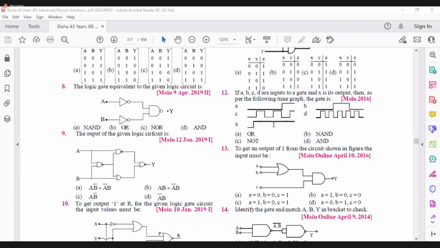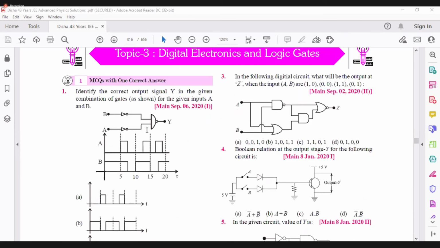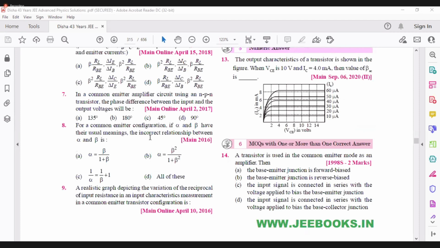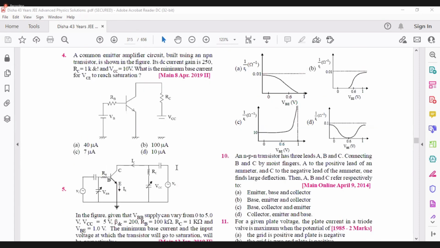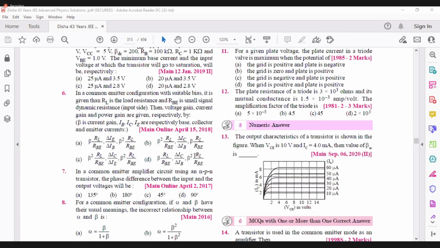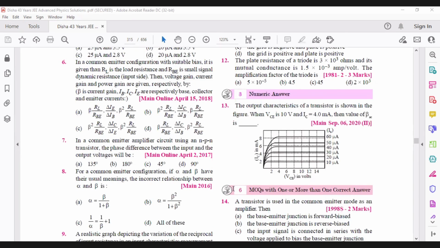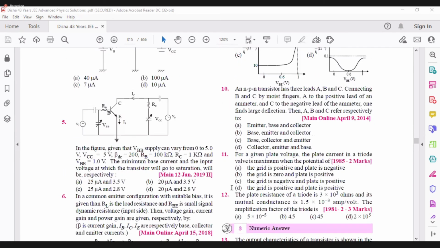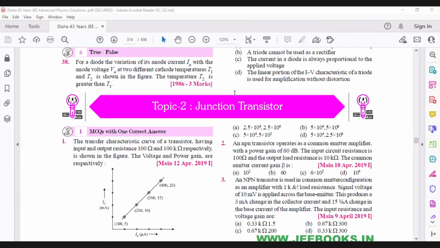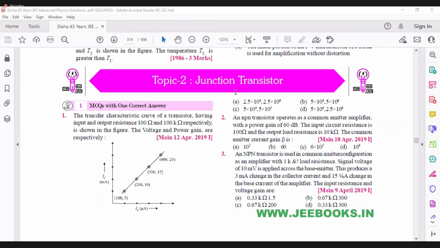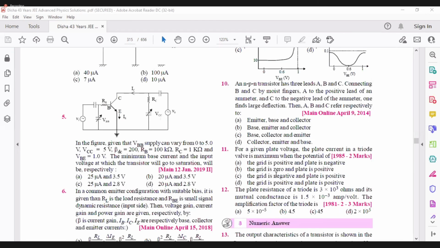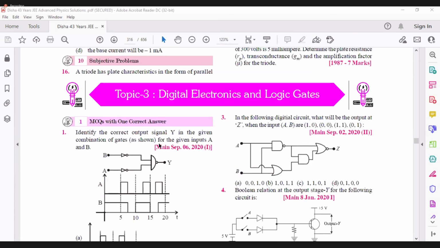Once these transistors and diodes are over, in NEET they have many numericals on this. But for you, they have concentrated more on diodes and circuits. If time permits, I'll do some numericals on logic gates for your understanding.